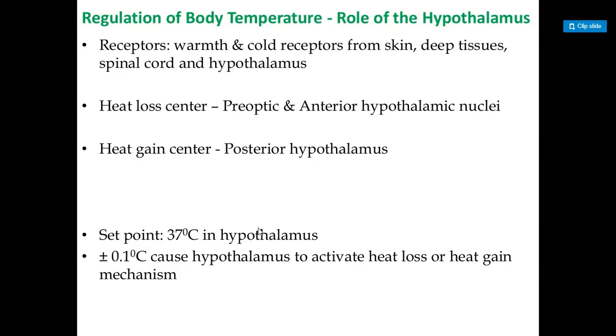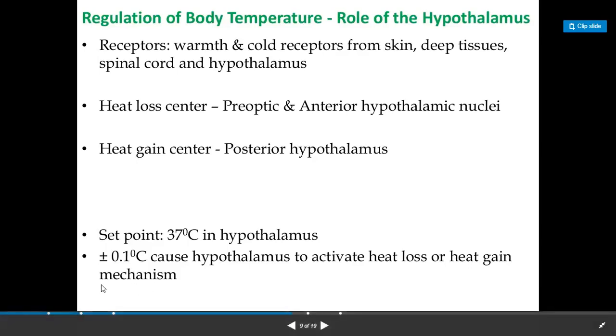So if your body temperature falls, for example, to 36 or 35 degrees Celsius, your hypothalamus increases the set point to 37 and causes your body to react in such a way as to increase your body temperature to that set point of 37. So plus or minus 0.1 degrees Celsius change.